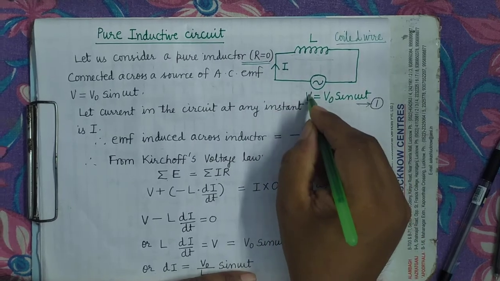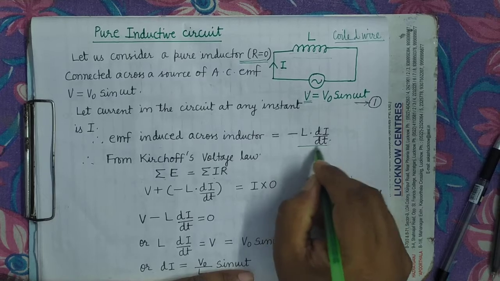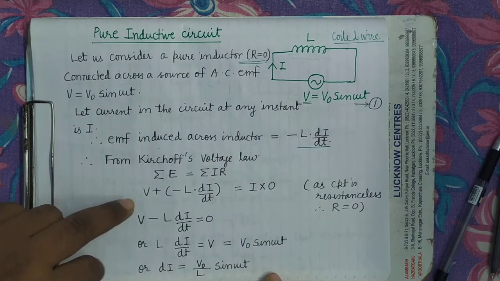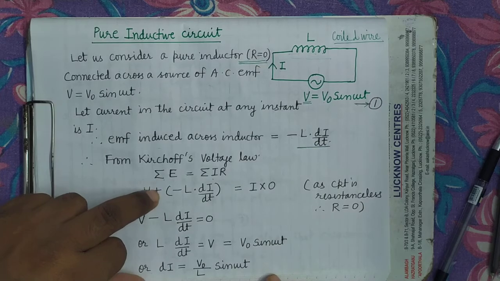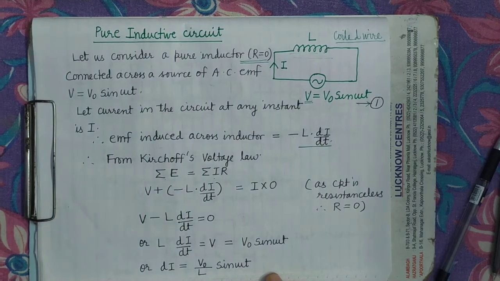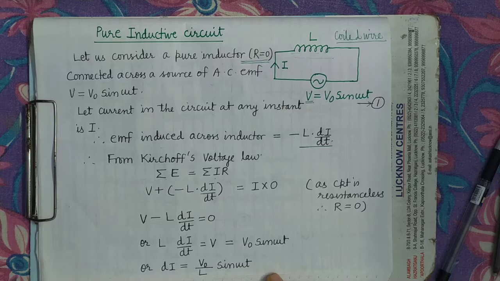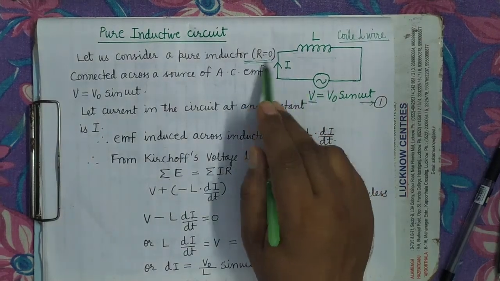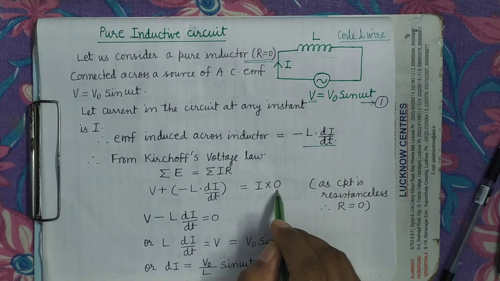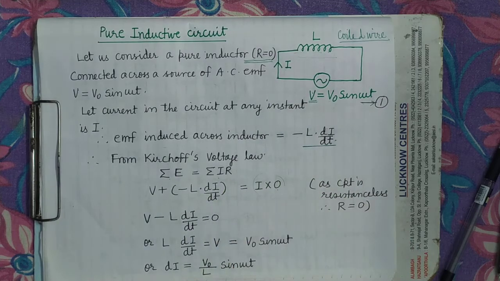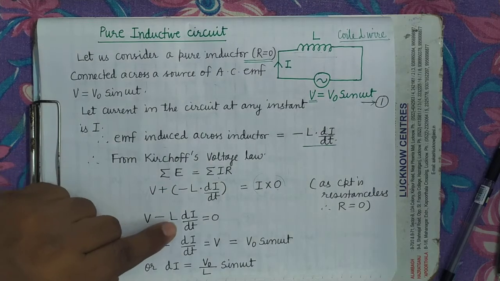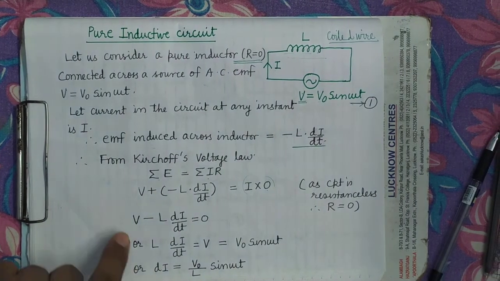Applied voltage is V and induced voltage is minus L di upon dt. So sigma E is V plus within bracket minus L di upon dt. What is sigma IR? As we have assumed there is no resistance, it will be I into 0, which becomes 0. Means V minus L di upon dt will become 0.